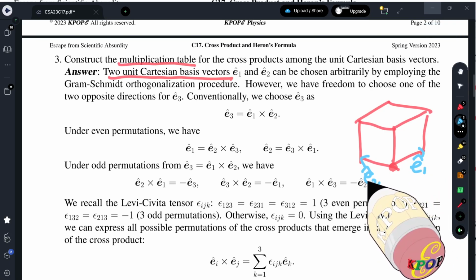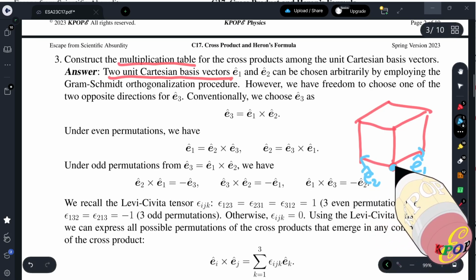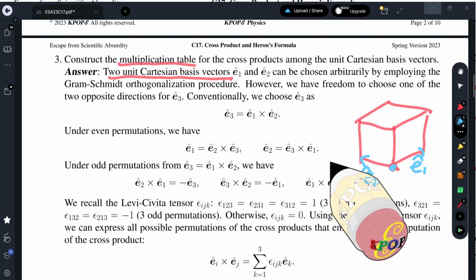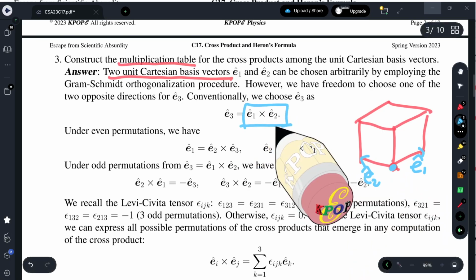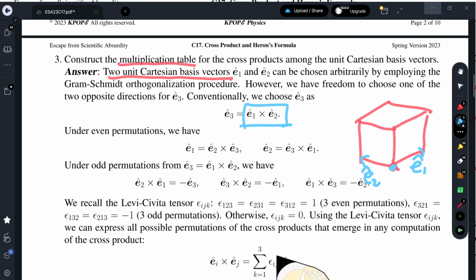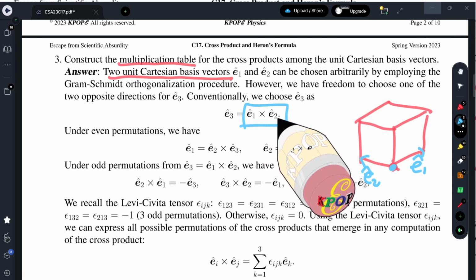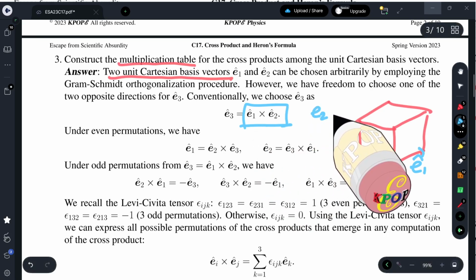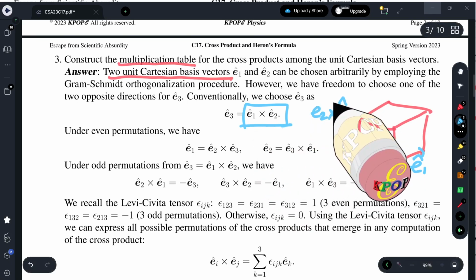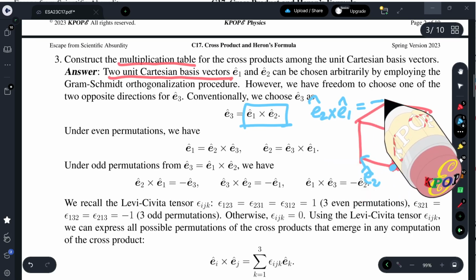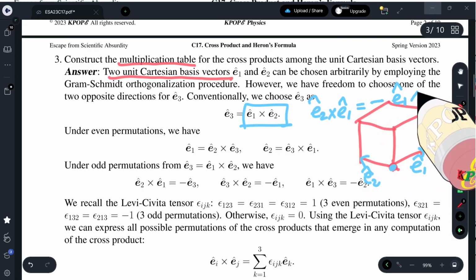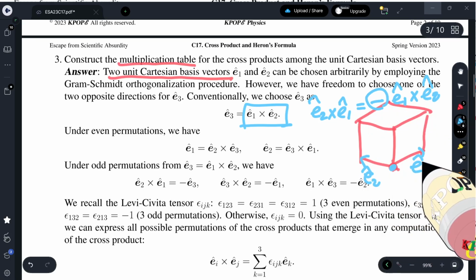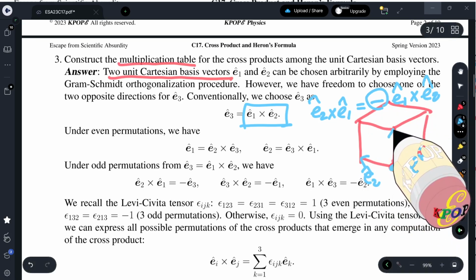If e1 and e2 are given like that, then e3 is defined by the cross product of e1 and e2. The order should be considered carefully because e2 cross e1 should be minus e1 cross e2. They are opposite.